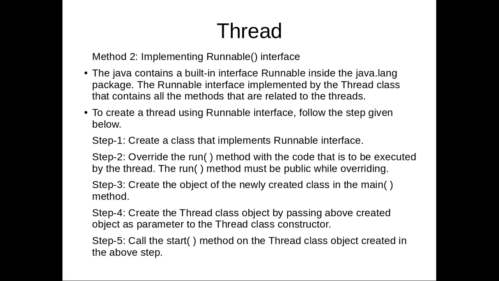Here, instead of extending the Thread class, you create a class which implements the Runnable interface. Again you have to override the run method. Then create the object of the newly created class in the main method. Create the Thread class object by passing the above created object as a parameter to the Thread class constructor, and call the start method of the Thread class object.